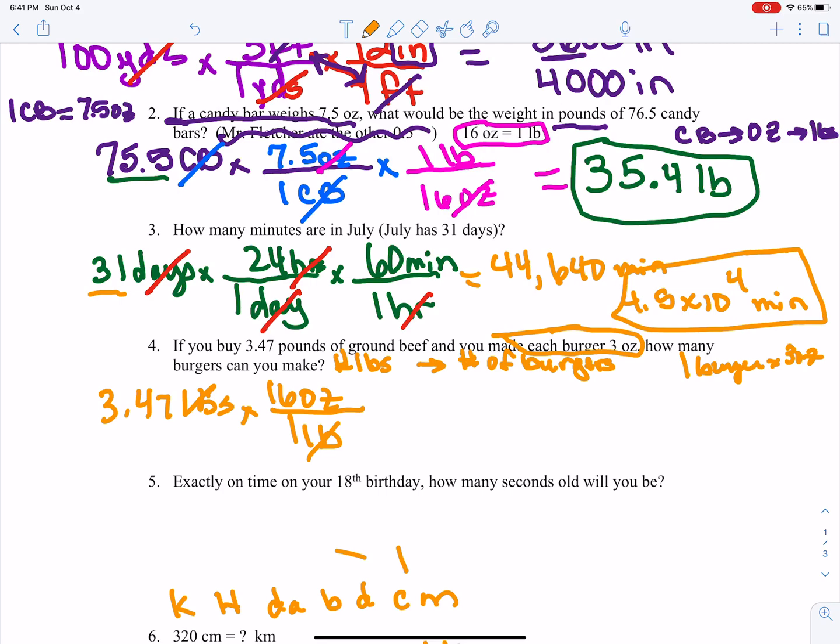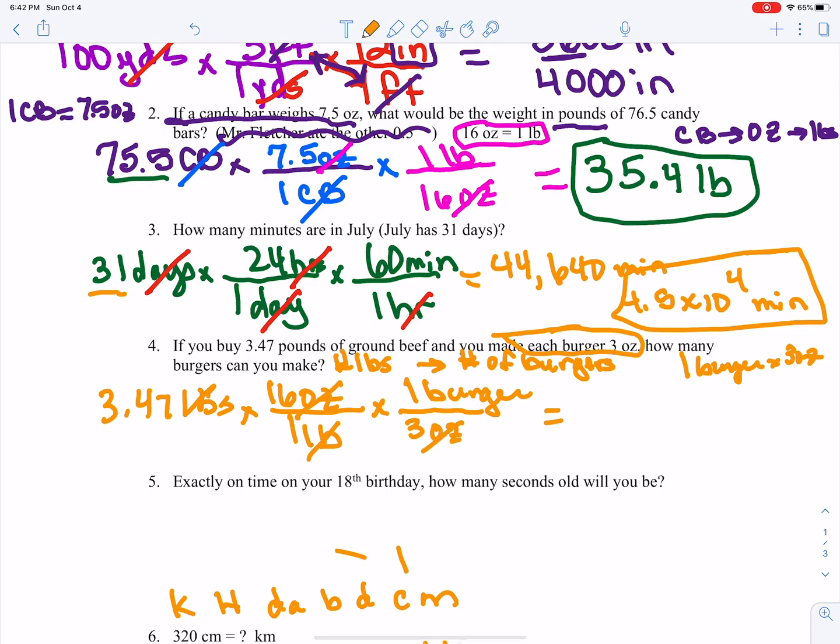So I go from pounds to ounces, and then I'm going to make a 3 ounce burger. So 3 ounces is equal to 1 burger. What cancels out?